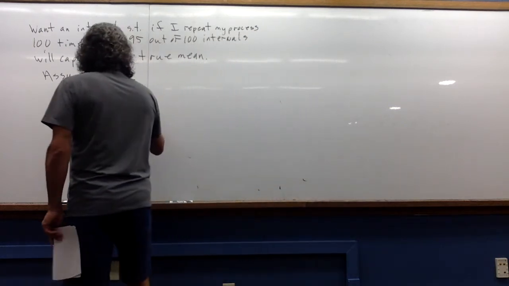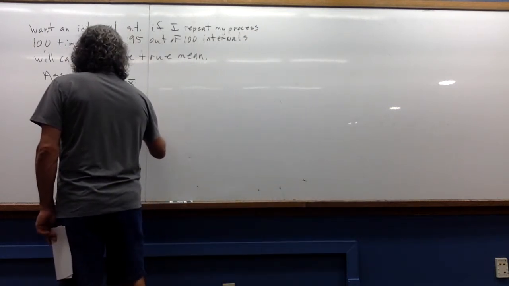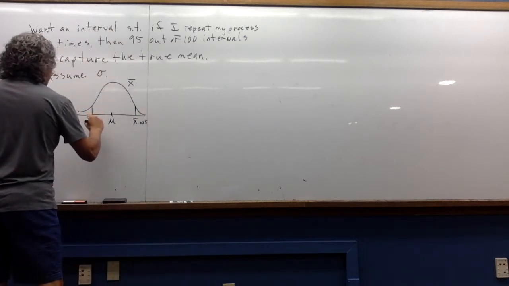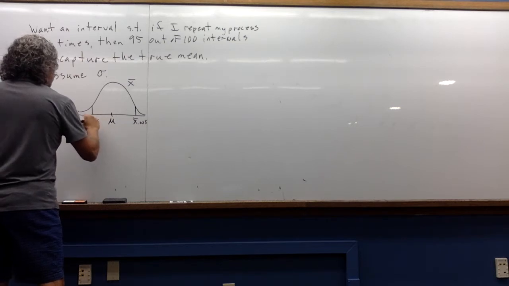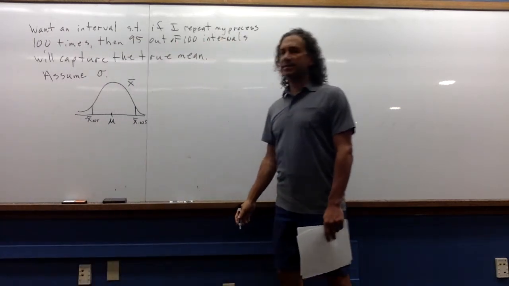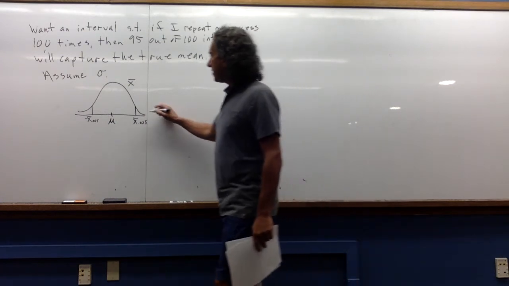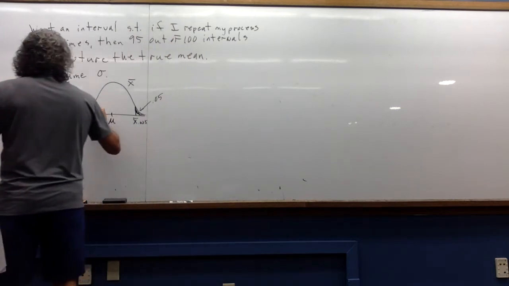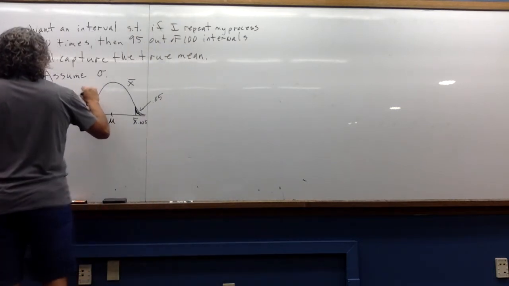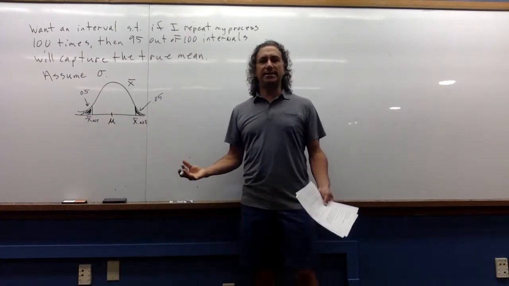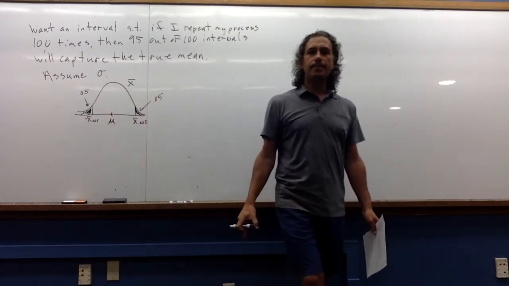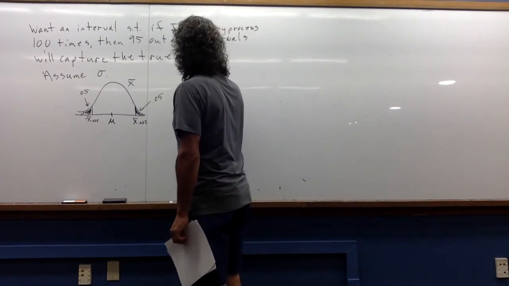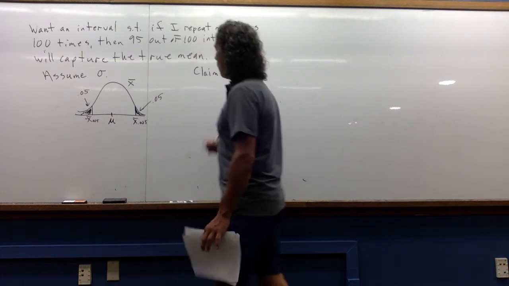So I also know that there is some value out here. Let me notate it as x bar sub 0.825 and minus x bar sub 0.825. That cuts off the top 5%. So I don't actually know what those values are, but I know they exist just by the nature of my picture. So if you buy into that, then I want to write one more thing.